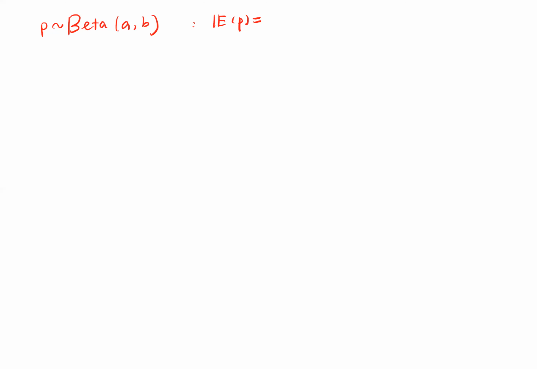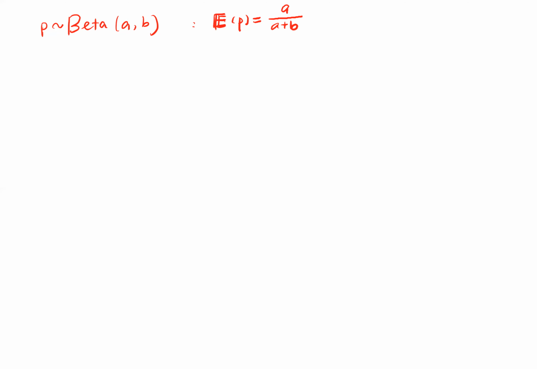What is it again? It should just be A over A plus B. It's the expectation, sorry.